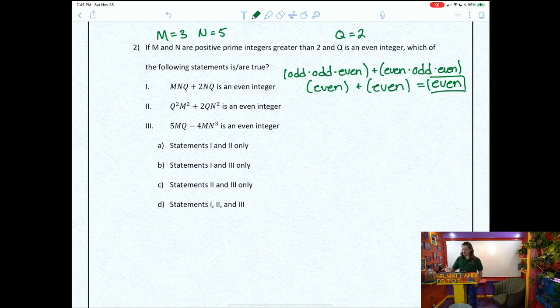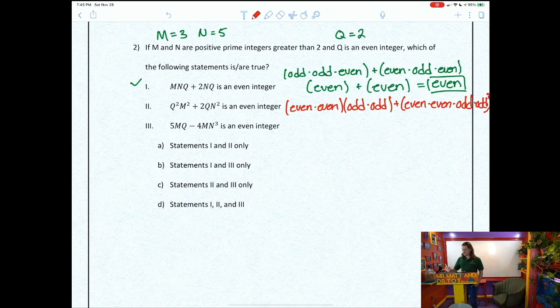An even plus an even number will result in an even sum. So 1 is true. 2, q squared, so that's going to be an even times an even, times m squared, that's going to be an odd times an odd, plus 2, which is an even, times q, which is an even, times n squared, which is an odd times an odd.